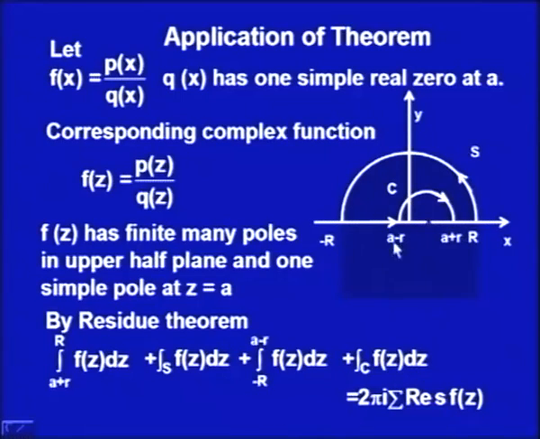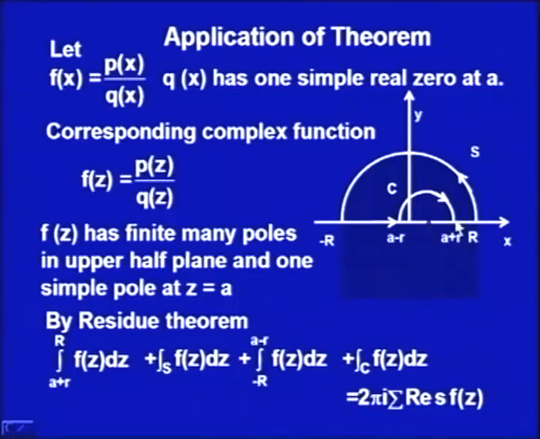From our theorem, if r approaches 0, we are just bifurcating this pole only, and we just proved that the contour integral on this smaller semicircle, as r approaches 0, is given as pi i times the residue of f(z) at z equal to a.